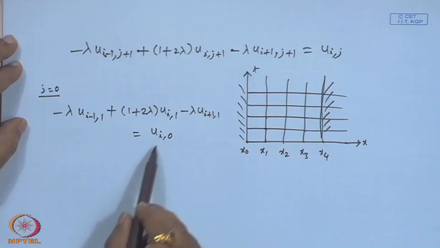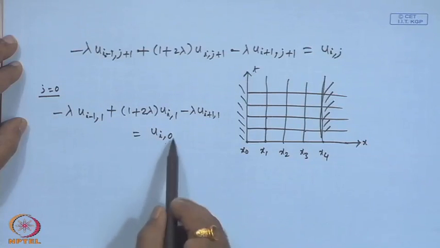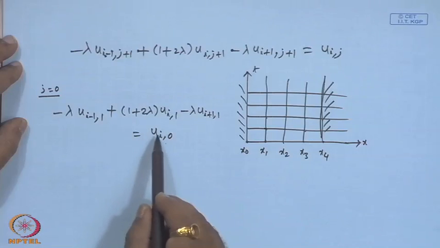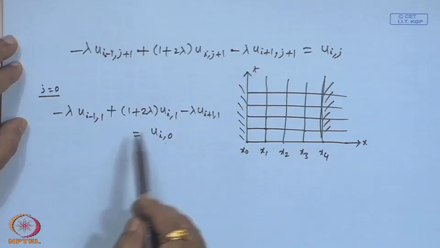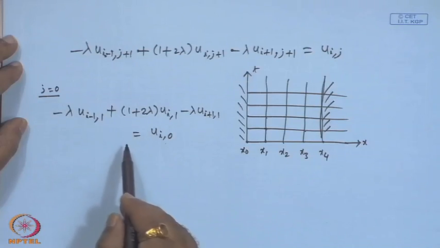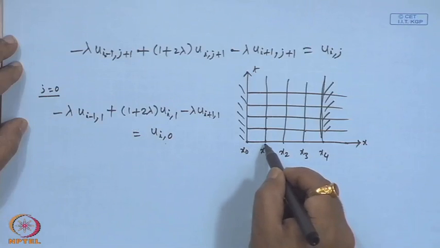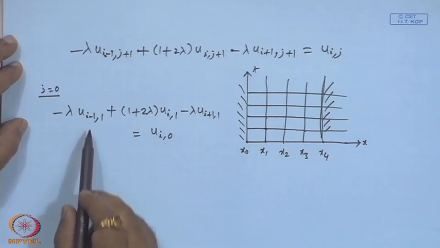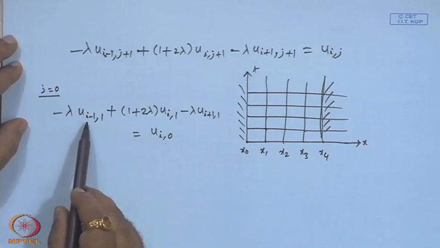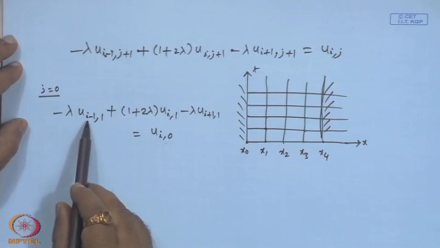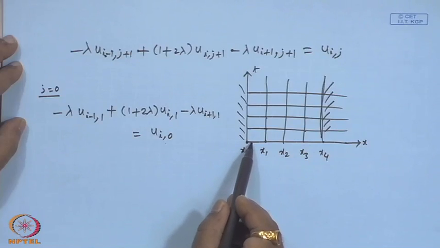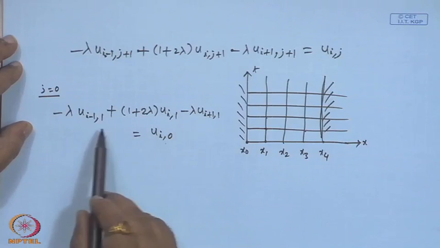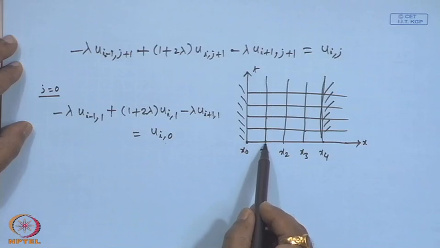In this expression we know only the u i 0 values, because the others are at a higher time level. Still we have to realize the implicit nature. What will be the first value of i for which we can run this equation? Because of this term, if you put i equals 0, you get u minus 1, which is outside. Therefore, the first value of i for which we run the equation is i equals 1.